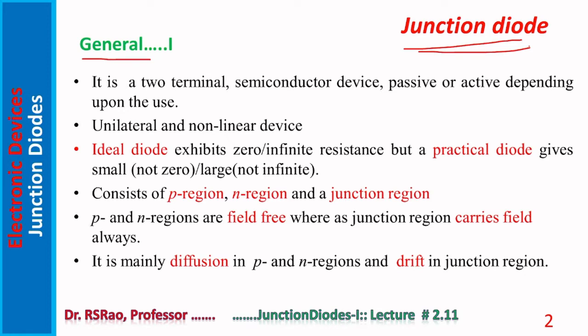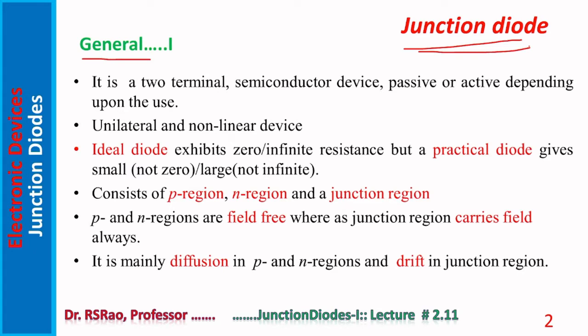In the beginning of the electronic revolution, vacuum tube technology was used to construct diodes, triodes, etc. But after the advent of semiconductor technology, diodes mostly are made with semiconductor technology and they are called semiconductor diodes or PN junction diodes.